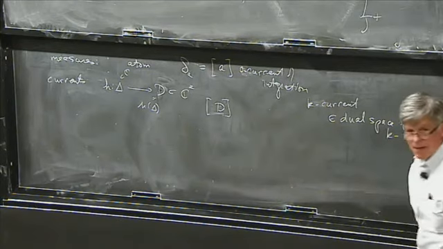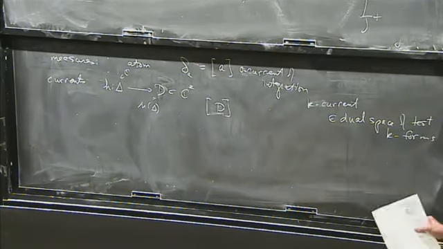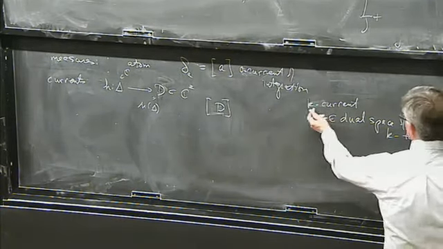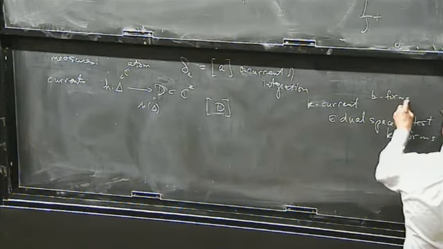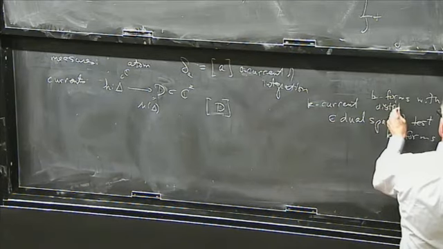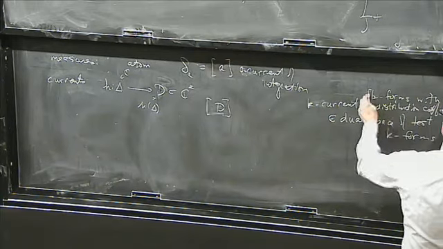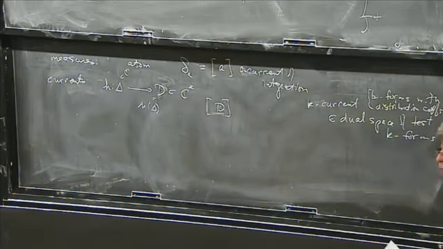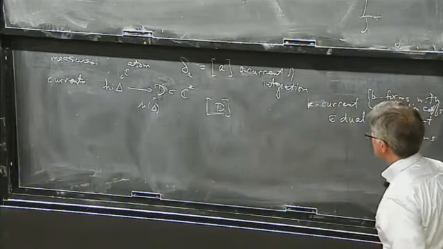Since Dennis is not here, I can safely say that people very often refer to currents as K-forms with distribution coefficients. I'm thinking of generalized functions being distributions here. A K current you can think of as a K-form with distribution coefficients.